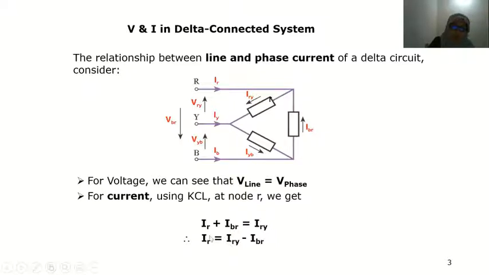We put the line current IR as the main quantity that we want to examine. So from the KCL, your IR is equivalent to IRY minus IBR.